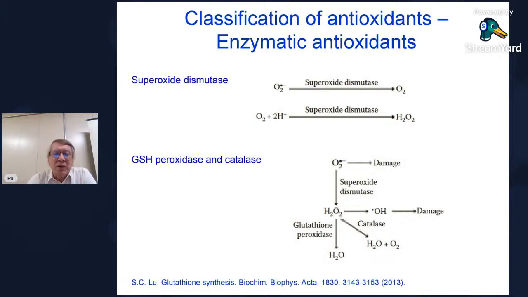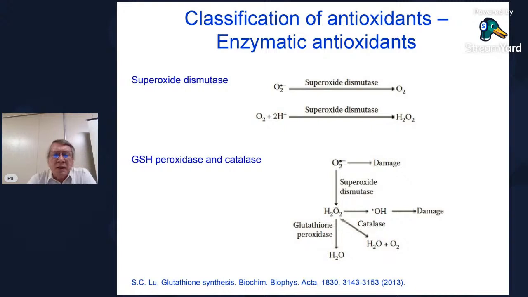The superoxide radical, as you can see, is formed from oxygen in a way that oxygen gains one electron, and as a result it remains with one unpaired electron and at the same time carries a negative charge.